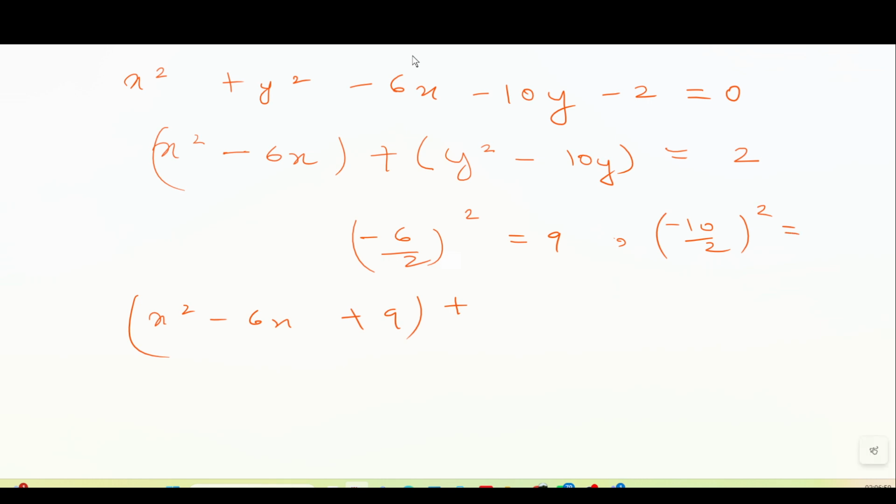And then plus 9 equals... plus what? y squared minus 10y plus 25, yes, equals 2. Equals 2 plus 9 plus 25.